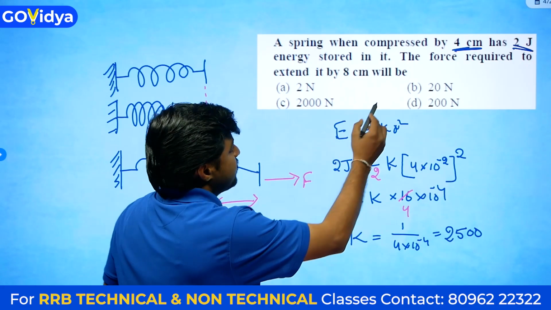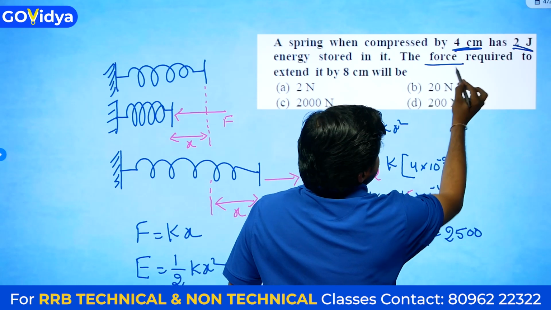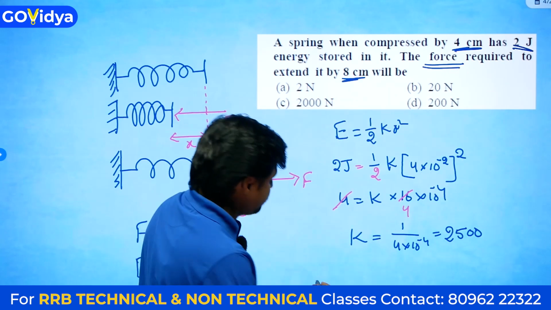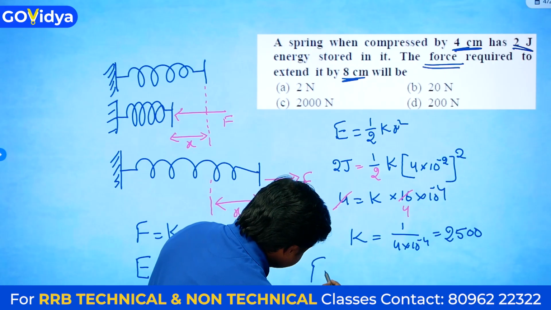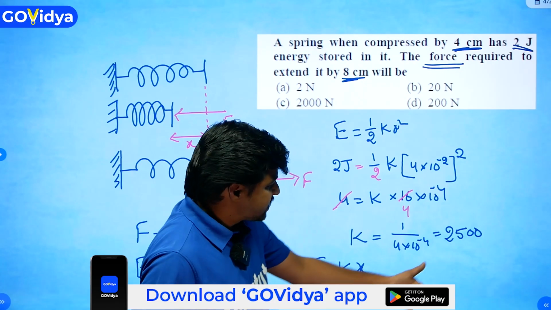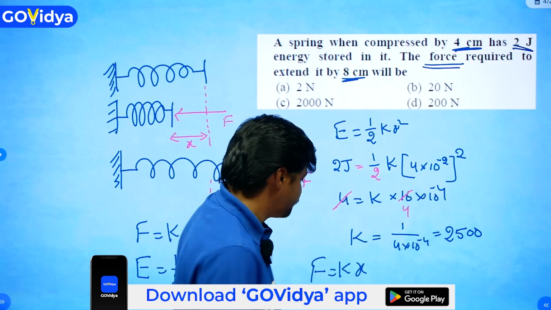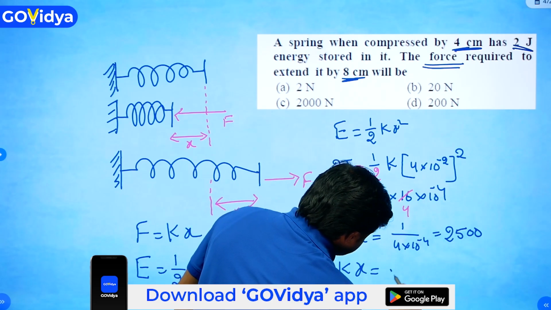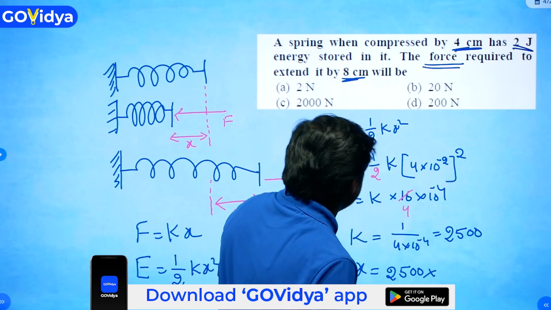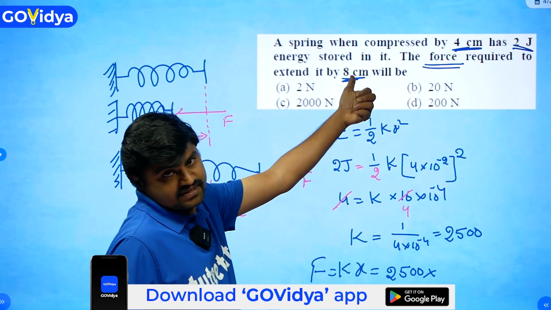Now in the question they are asking the force required to extend a spring by 8 centimeters. Force is equal to K into X. What is the K value? 2500 is the K value, into X. What is the value of X? 8 centimeters.